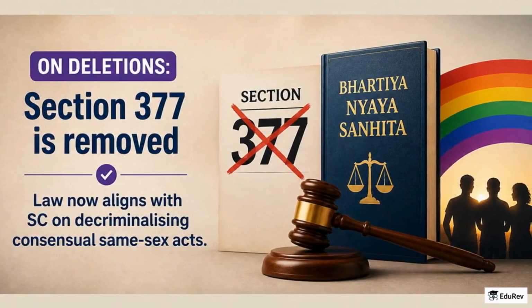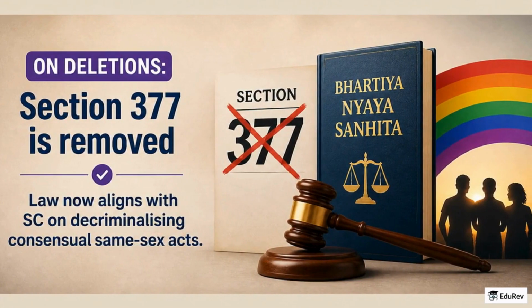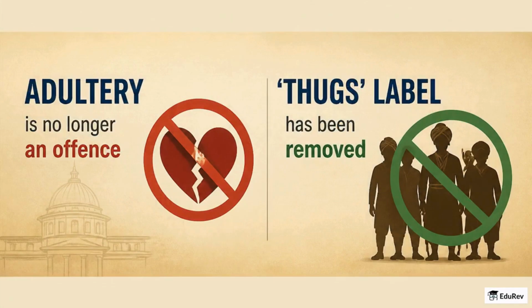On deletions, Section 377's analog is removed. The law aligns with the Supreme Court on decriminalizing consensual same-sex acts. Adultery as an offense has been dropped, and the colonial-era label of thugs has been eliminated to avoid stigmatizing communities.